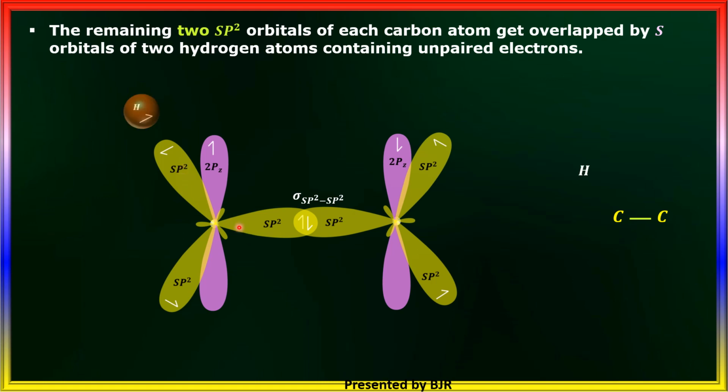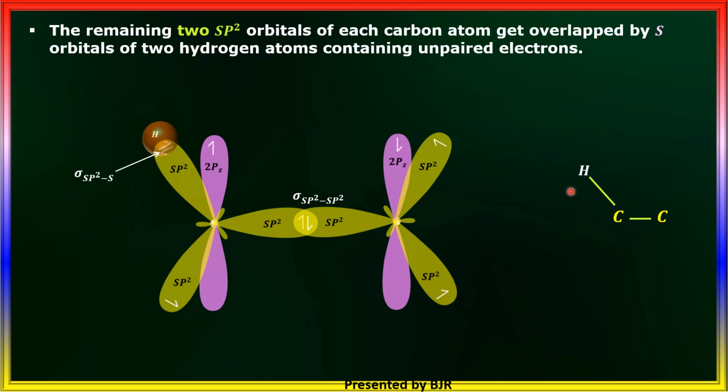See here, this is one hydrogen atom, this is 1s orbital of hydrogen atom, and 1s orbital of this hydrogen atom overlaps end to end with sp2 orbital and forms one sigma bond.